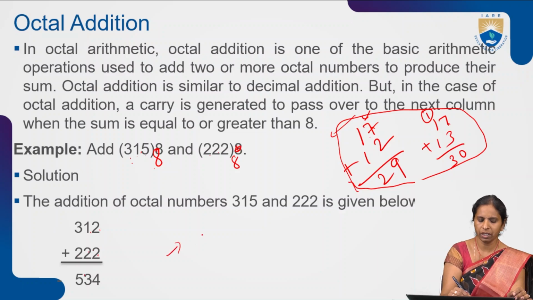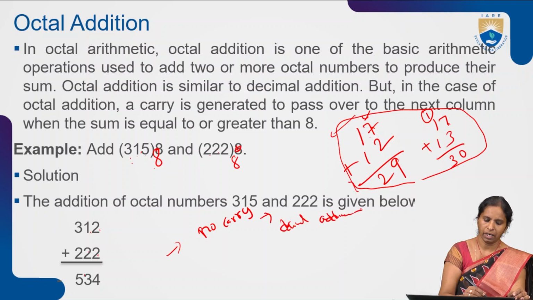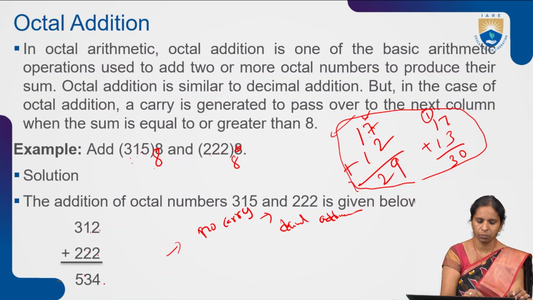Here we don't have any carry. If you don't have any carry, this is the same as decimal addition. If you add these two numbers in the octal number system, the output is 537. This is the result you get when you add 315 and 222 in the octal number system.